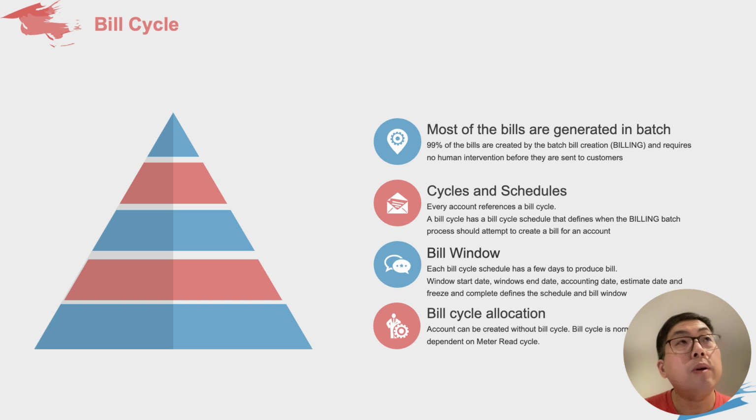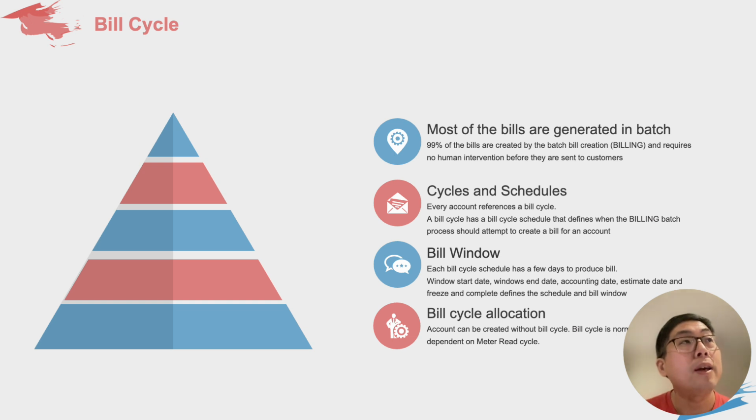So you will probably find in your project that billing is the most important batch in the schedule. The time when we schedule the billing batch cascades down to all the other batches, determining when they should run.